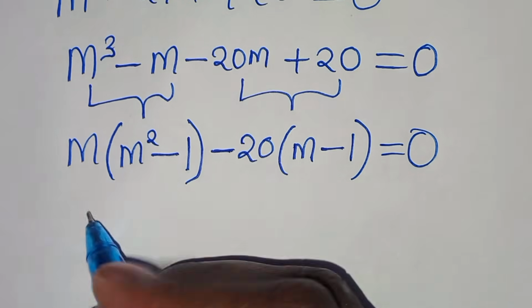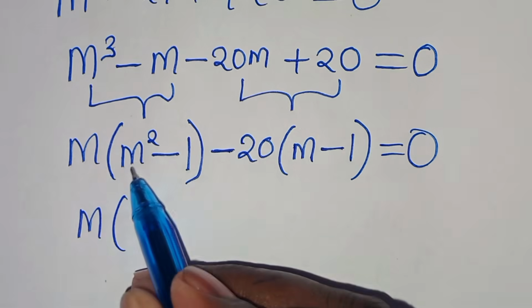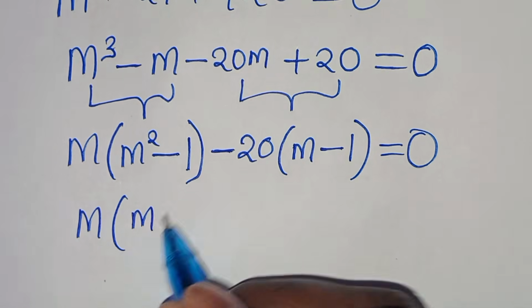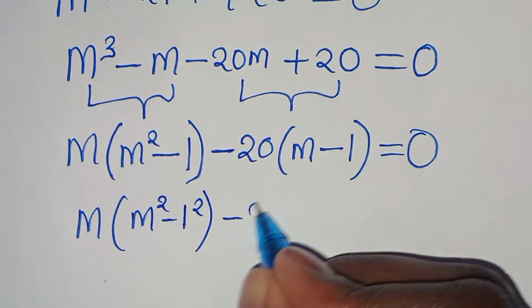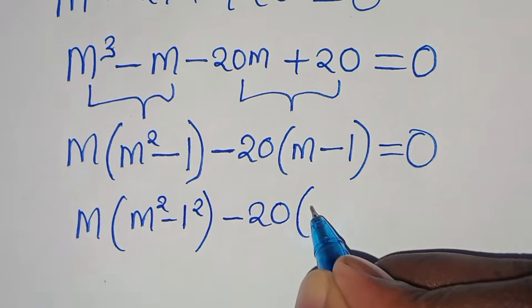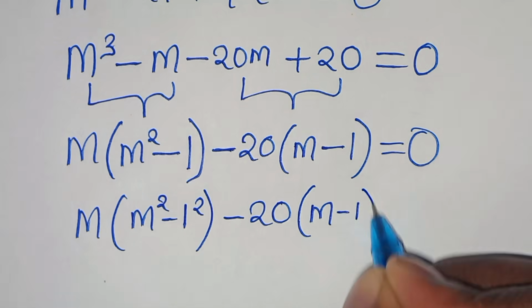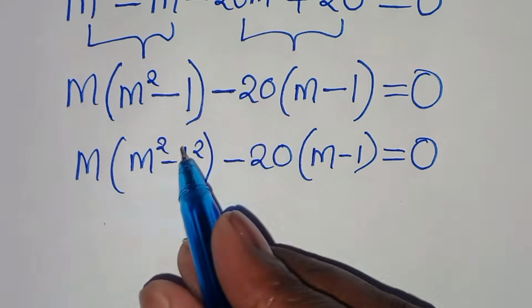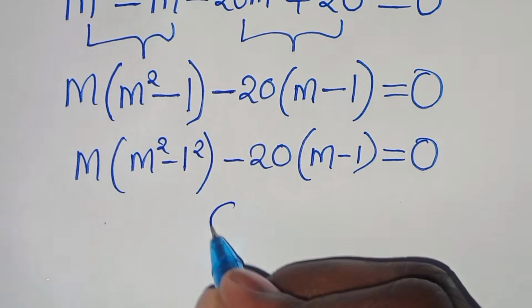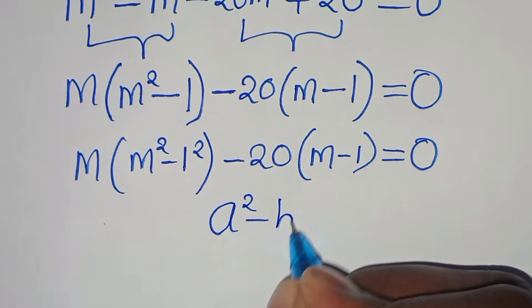Now, this is m. Now, this is m squared. This is the same thing as m times m squared minus 1, minus 20 in the parentheses, this is m minus 1. This is equal to 0. M squared minus 1 squared. This is in the form of a squared minus b squared.